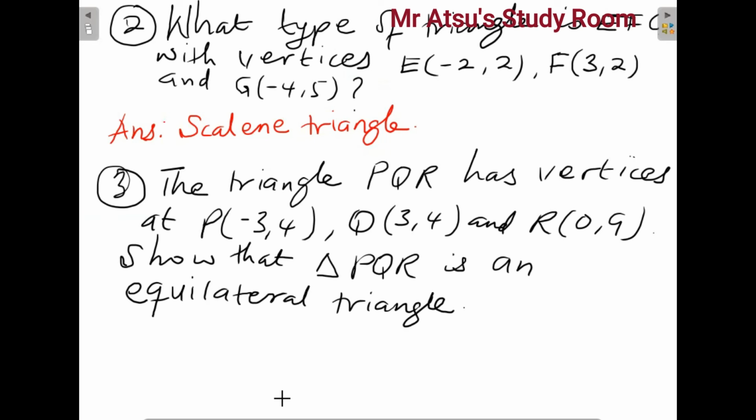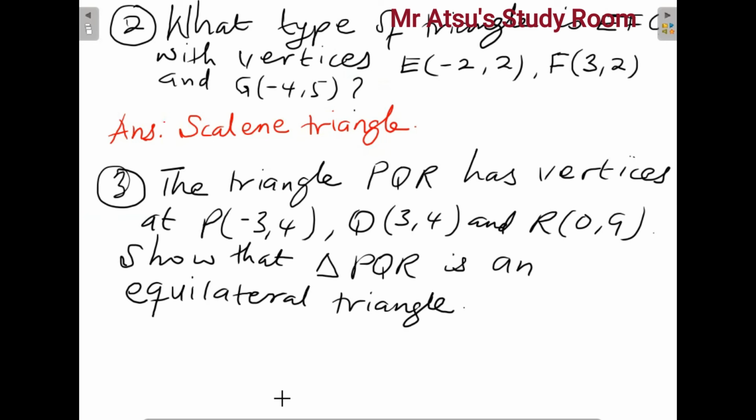Alright, question 3 says the triangle PQR has vertices at P (-3, 4), Q (3, 4), and R (0, 9). Show that triangle PQR is an equilateral triangle. So that means you have to work it all out, and after fixing the coordinates into the formula, you find PQ, you find QR, and you find PR.